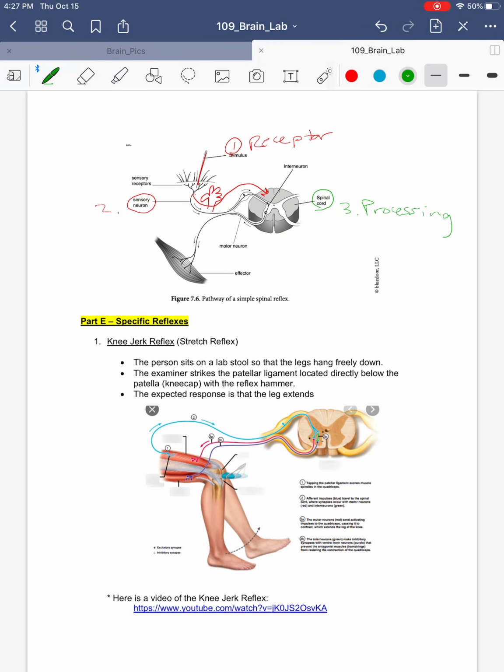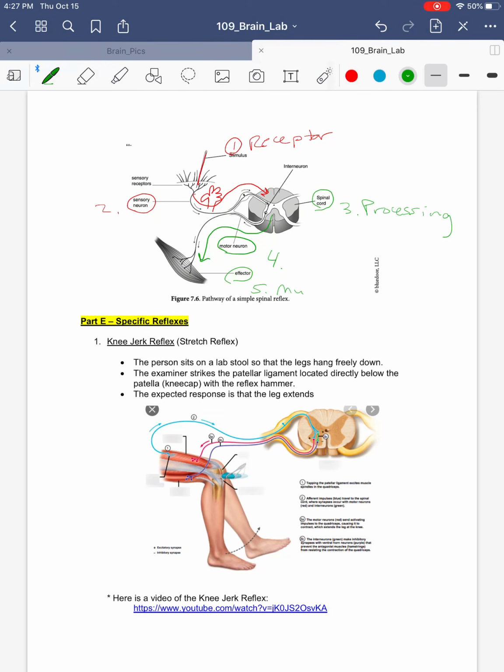Then we're going to have a motor impulse leaving the brain out to the body. And you can remember a motor neuron or a motor impulse sends information from the brain back out to the body. And our last step is going to be the effector.